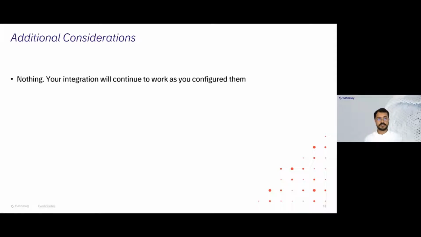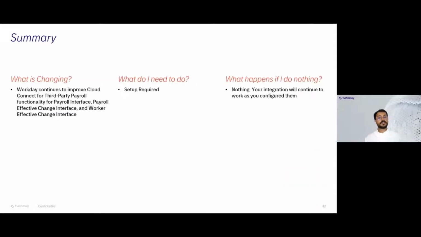All of these features will not impact our integration and will only work when we configure them. So with this, Workday continues to improve the Cloud Connect for third-party payroll, for payroll interface, PICOF and PECI. For this, setup is required, and if we don't make the necessary setup, our integration will continue to work as it is already working.